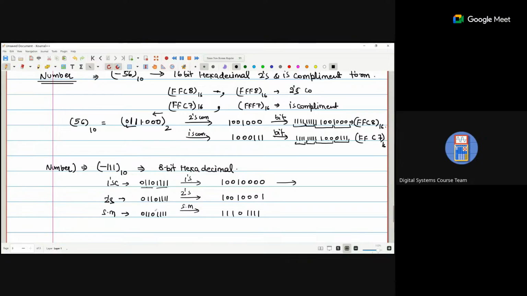Now make groups: group of 4 and group of 4. So that is 90. Group of 4 and group of 4, that is 91.